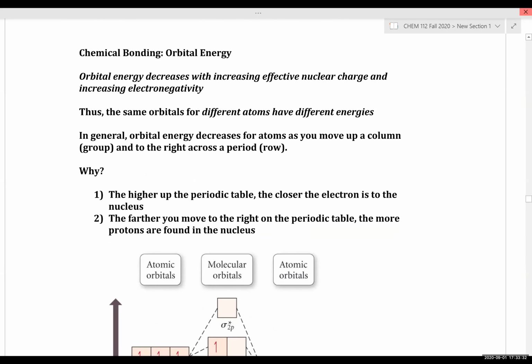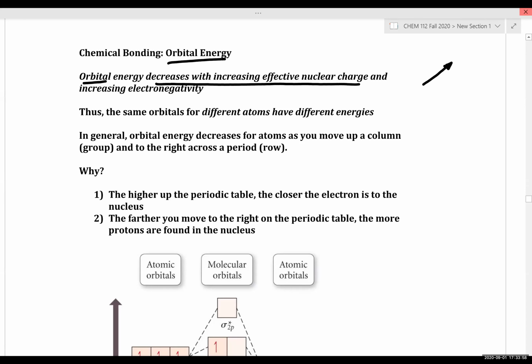Now, there's one thing that I have to talk about before we unpack these pictures, and that is this idea of orbital energy. As you've been noticing, whenever I draw out even a hybrid orbital, I'm very careful to note my orbital energy. In general, orbital energy decreases with increasing effective nuclear charge.